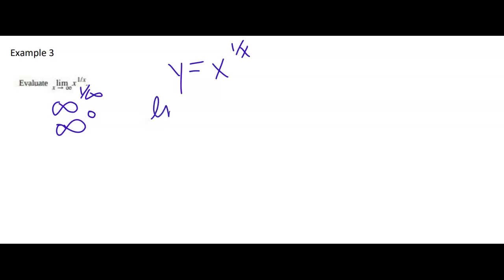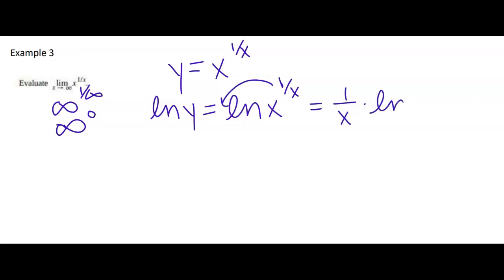And if I take the natural log of y and the natural log of x to the 1 over x, then I get that this is 1 over x times the natural log of x. So now let's take the limit of both sides.